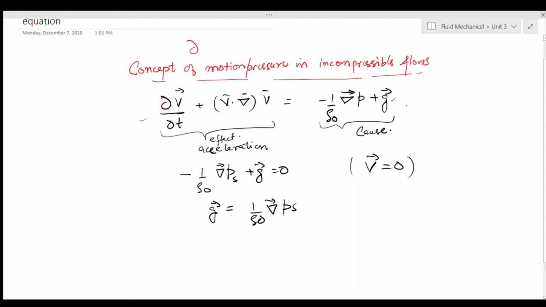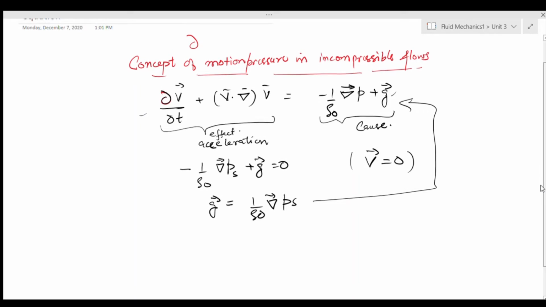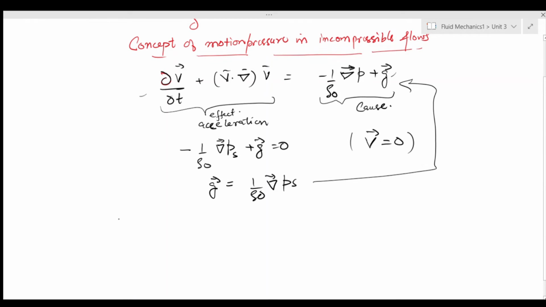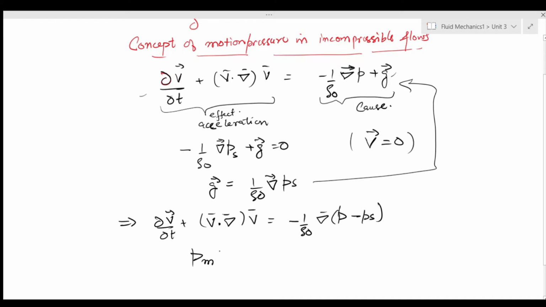If I put this value of g back in my Euler's equation, then I would get del v by del t plus v dot del v equal to minus 1 by rho naught del of p minus Ps. So let me call Pm the total pressure which causes motion. So this is motion pressure, equal to P minus Ps.